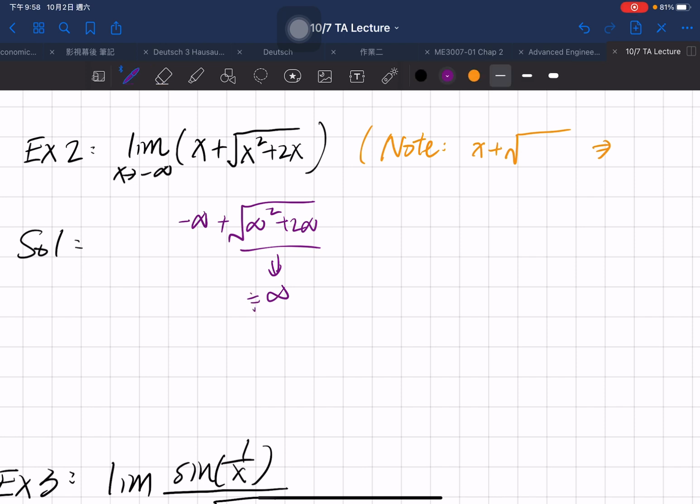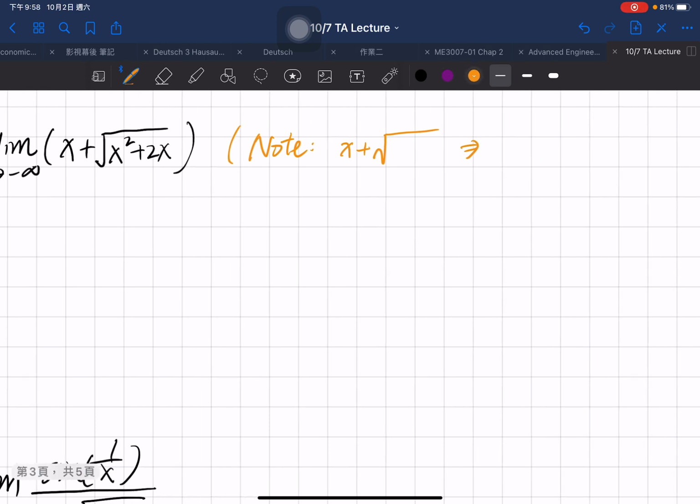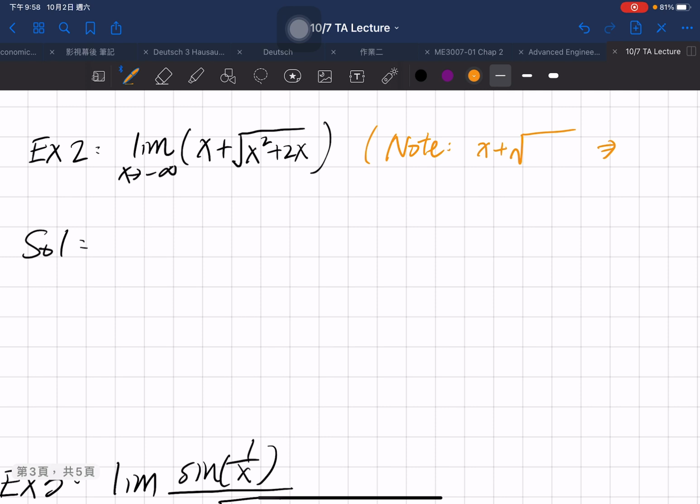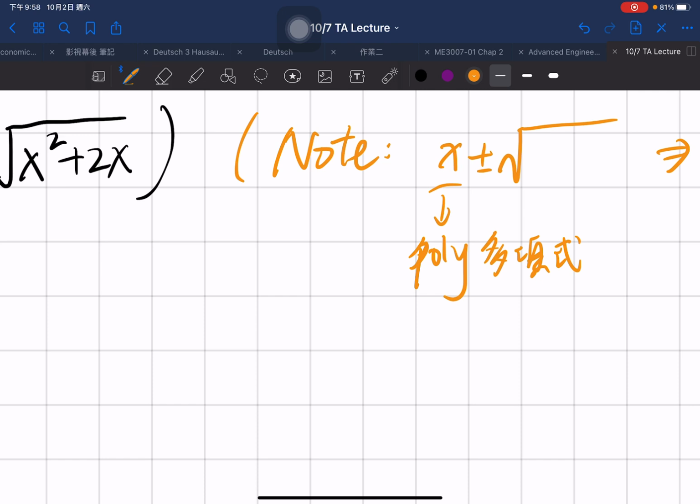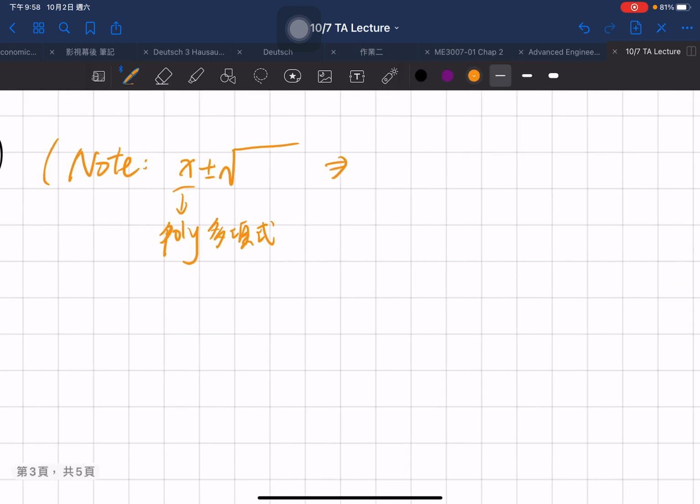It will not be 0, okay? This will not be 0. So we don't know the value of it, so we need to derive a way to do this. And there's a note here: when you see a polynomial plus or minus a square root, you need to think of rationalizing, okay?